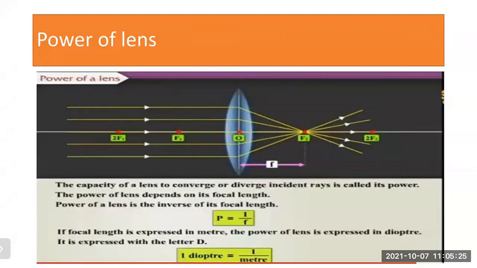It is expressed with the capital letter D. Remember, capital D for diopter. 1 diopter is equal to 1 upon meter. That we have already seen. If the focal length is taken in meter, then the power of the lens is expressed in diopter.